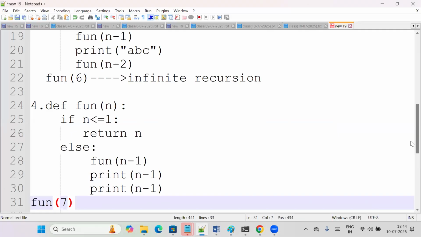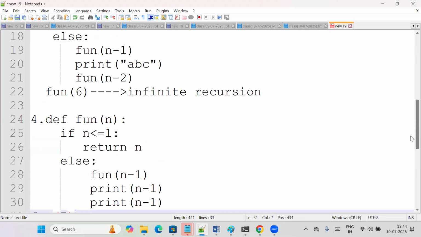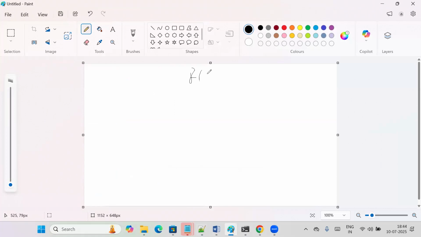Yes. This question, guys, I'm explaining the previous one again. N minus 1, ABC, N minus 2. Right? You have a 6 here. So I'm finding f of 6. You are getting here f of 5. Correct? You are getting here f of 4. In between you have a print. Now again you will get here f of 4. Here you will get f of 3.